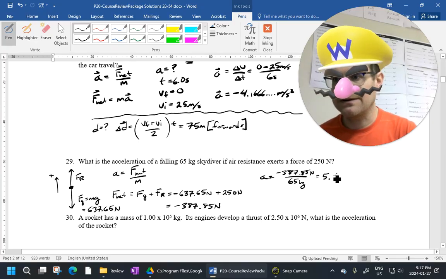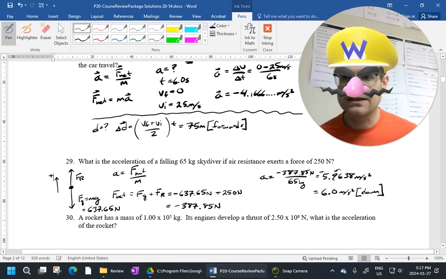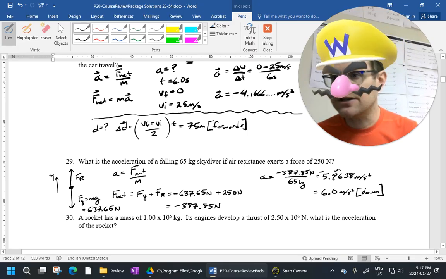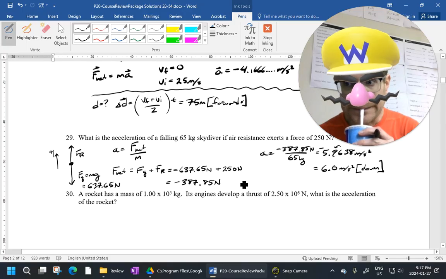So, maybe I won't because I already wrote the 5. So I'll write down the sum of my numbers here. And then I'll go my 2 sig digs because the 6 is going to round up that 9 to a 10. So 6.0 meters per second squared. It was negative up there. That means it's going down here. Sweet. Remember, acceleration is always a vector. So direction is required.